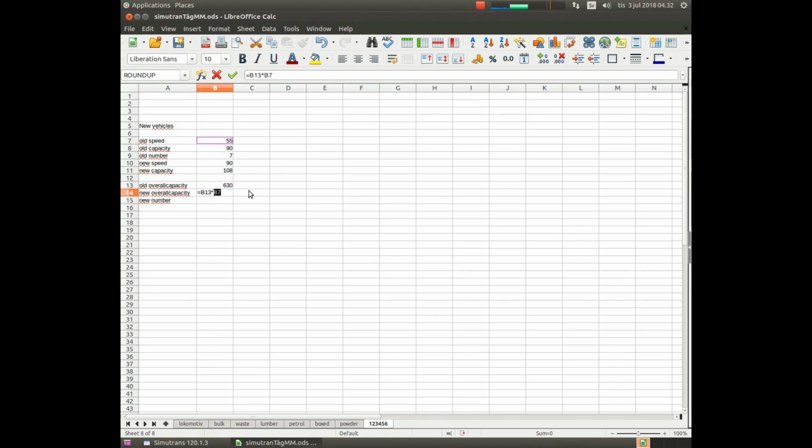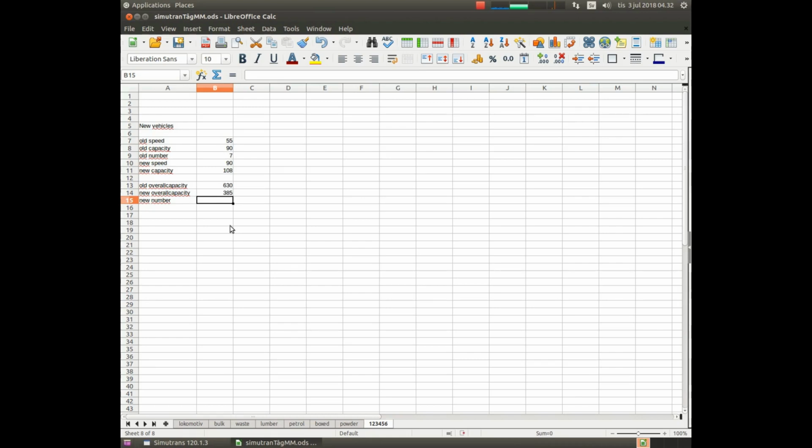And now we should correct that with the new speed. And that should give us a lower number. 385 should be the lowest new overall capacity.